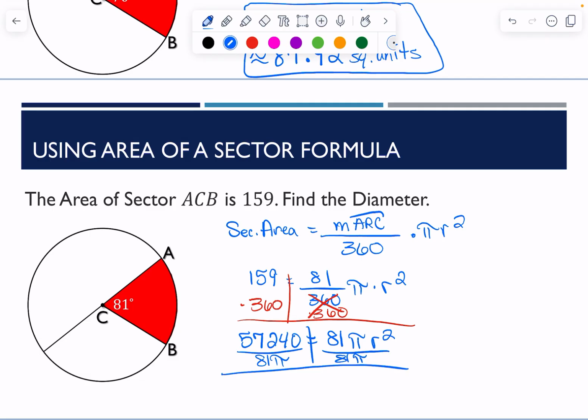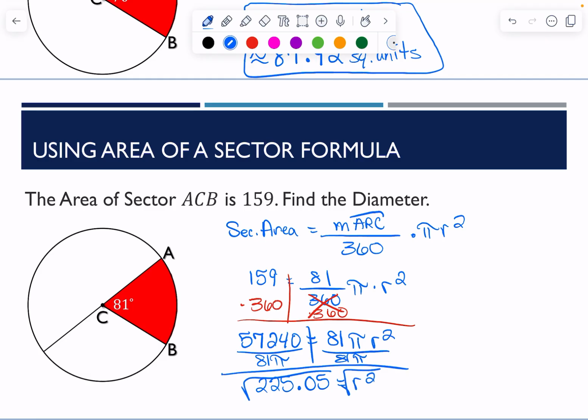So that's going to give us 57,240 divided by 81 times 3.14. And that's going to get us 225.05, and that equals r squared.